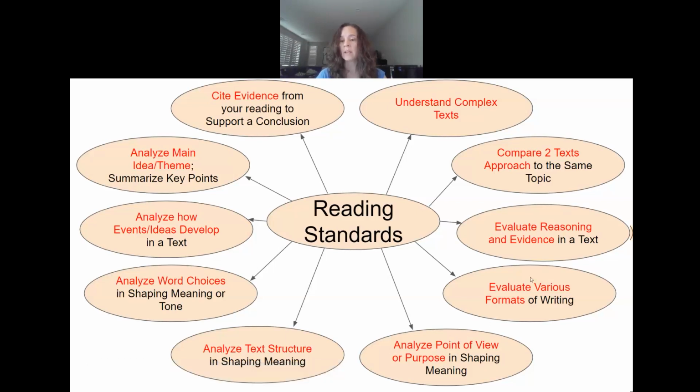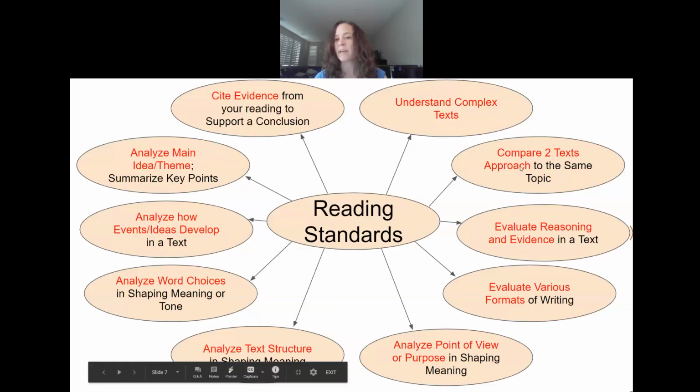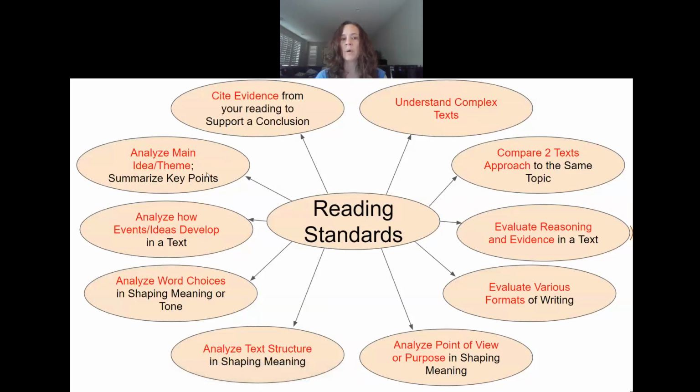Okay, next, evaluate various formats of writing. So they're saying that writing comes in different forms and it looks different. For example, right now we're looking at writing presented in a graphic, right? So we have reading standards in the center and these arrows pointing out to all of the different reading standards.